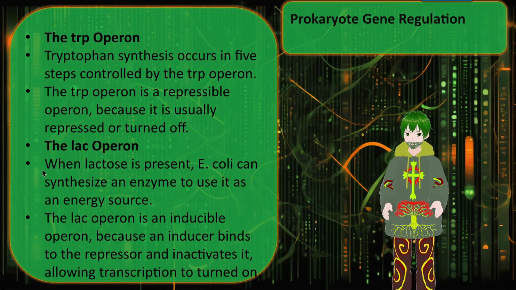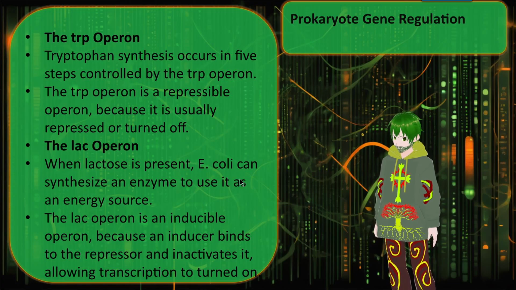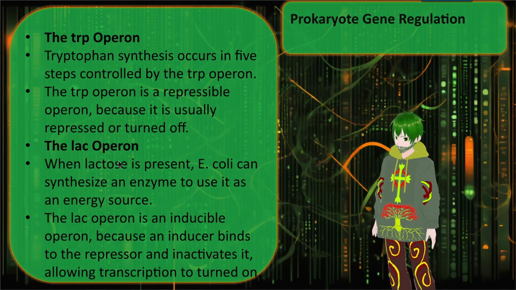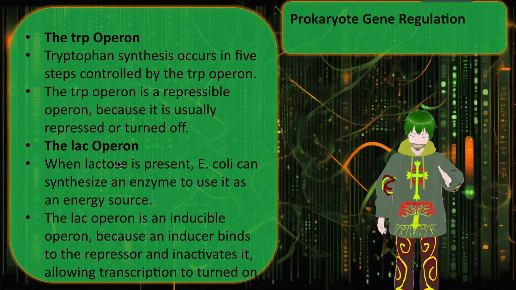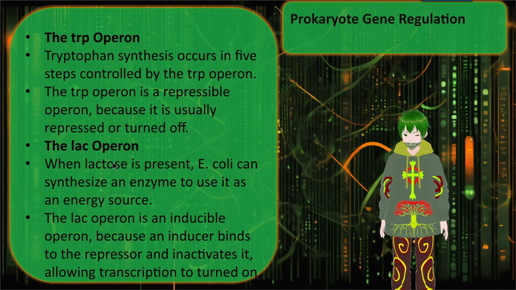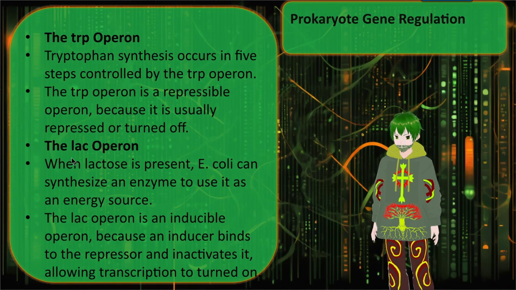Now, the lac operon is an operon that produces the enzyme lactase as the end product. And this operon is off by default unless a certain sugar called lactose, which is present in milk, is present in the environment. And what happens is the lactose sugar binds to the inhibitor for the lac operon.